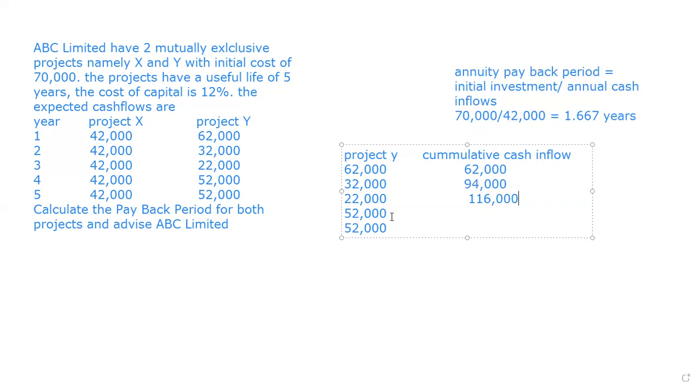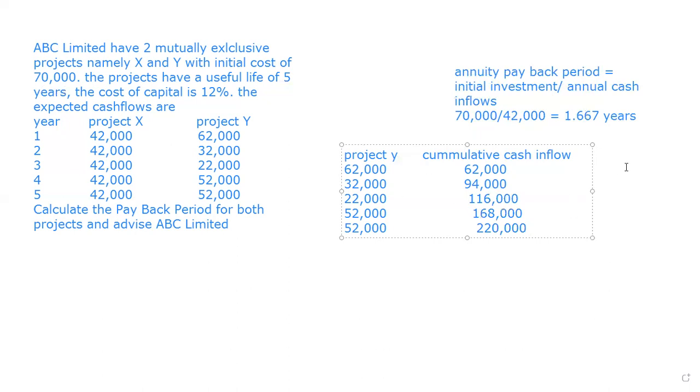If I add 116,000 to the next cash flow, which is 52,000, I will get 168,000. If I add the next cash flow, which is 52,000, to 168,000, I get 220,000. Remember, our initial cost is 70,000.